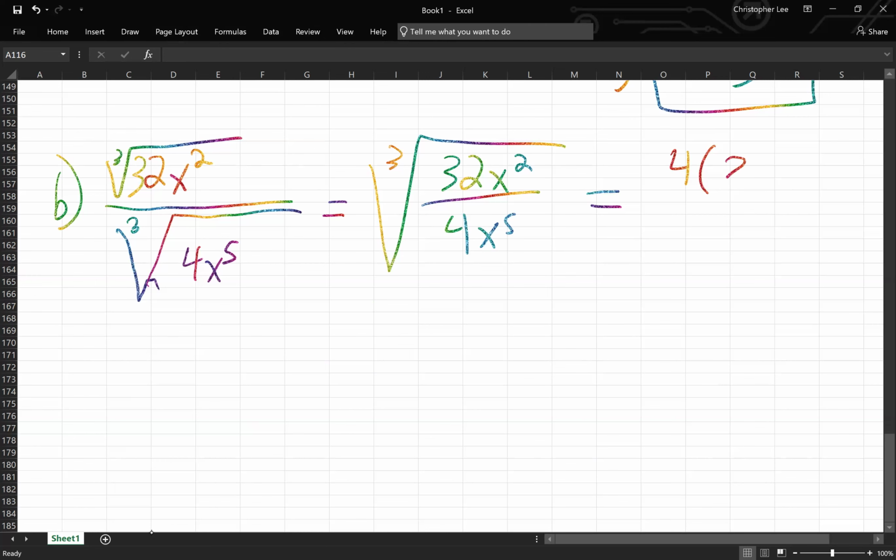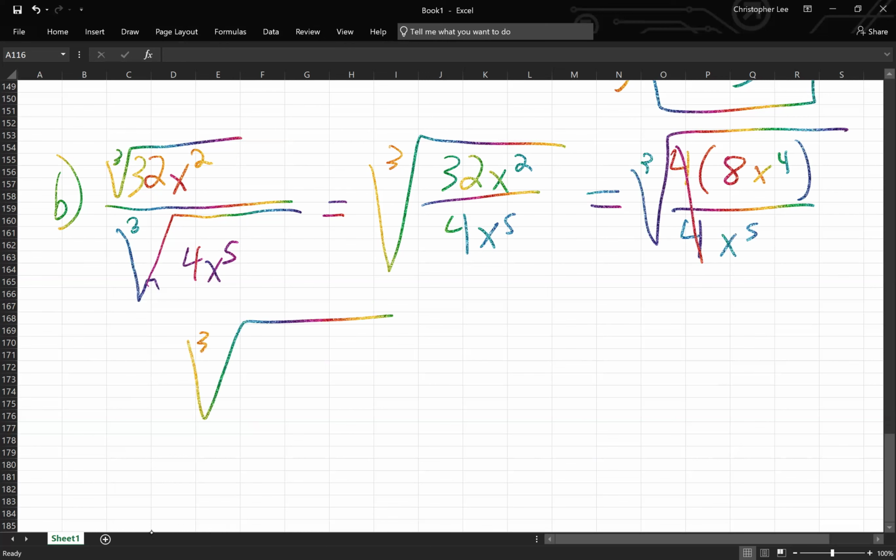So I'm thinking about 8x to the 4 over 4x to the fifth, cube root. These two cancel out. So now I have the cube root of 8x to the 4 over x to the fifth. Divide them, top minus bottom.